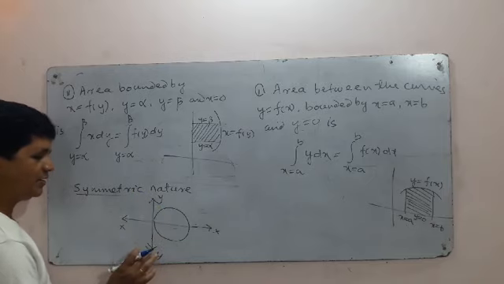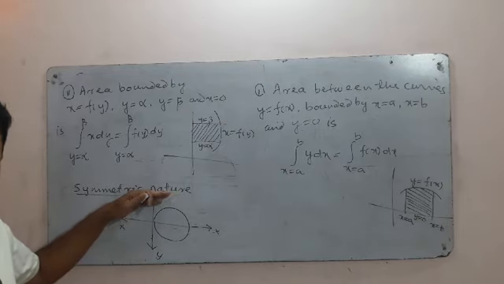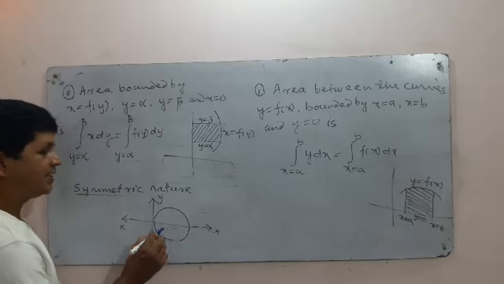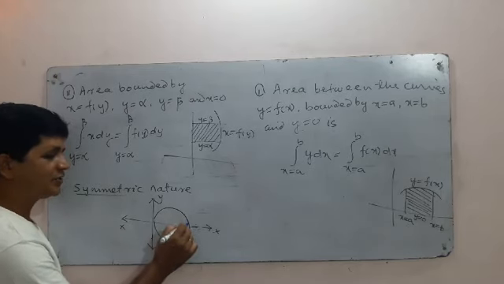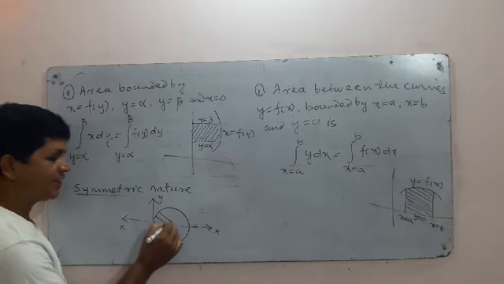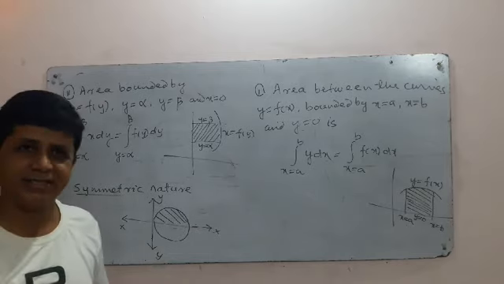This is a circle, and half of the circle is above the x-axis and half is below. Then the total area of the circle is twice the area of the upper part. So you must find whether it is symmetric to any axis or not.